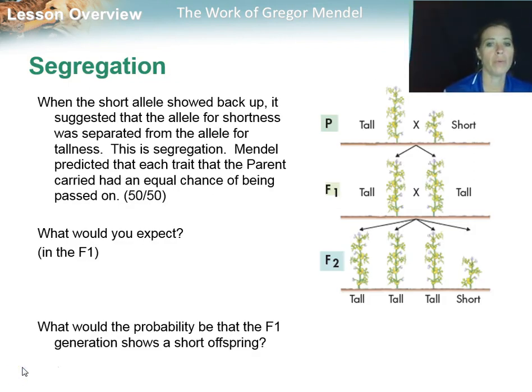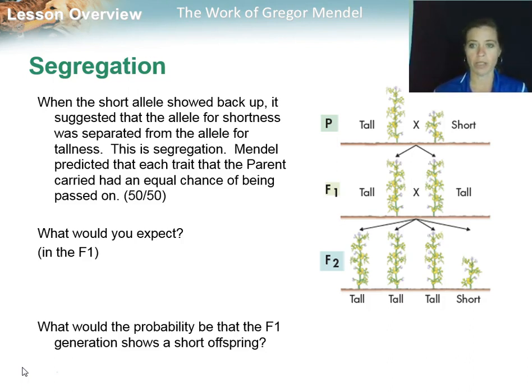So when Gregor Mendel did this experiment, he not only crossed a pure breeding tall with a pure breeding short and saw that the short trait disappeared, making him figure that one trait was dominant to another, but he also decided that he would cross the F1 generation with other offspring from the F1 generation.